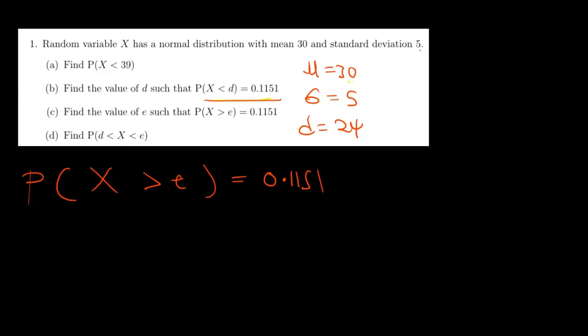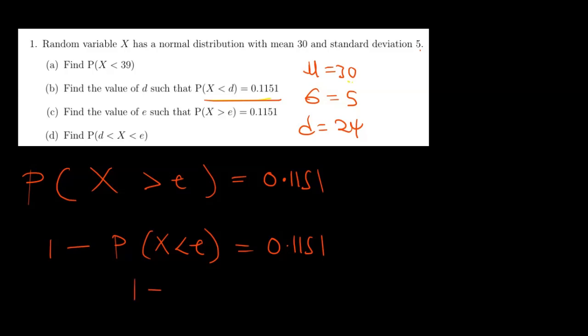So we can say this one here is the same as the probability, okay. I should say it's the same as 1 minus the probability that this x is less than e, okay, and then is equal to 0.1151. Okay, so we can take this one to the other side and then bring the one to the other side.